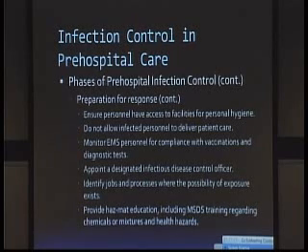When you have an active infection, not to be delivering patient care. We also are monitoring for compliance with vaccination and diagnostic tests. Your agency will have a designated infection control officer. I think we've successfully identified the jobs and processes where the possibility of exposure exists, and then you get hazmat education as well.